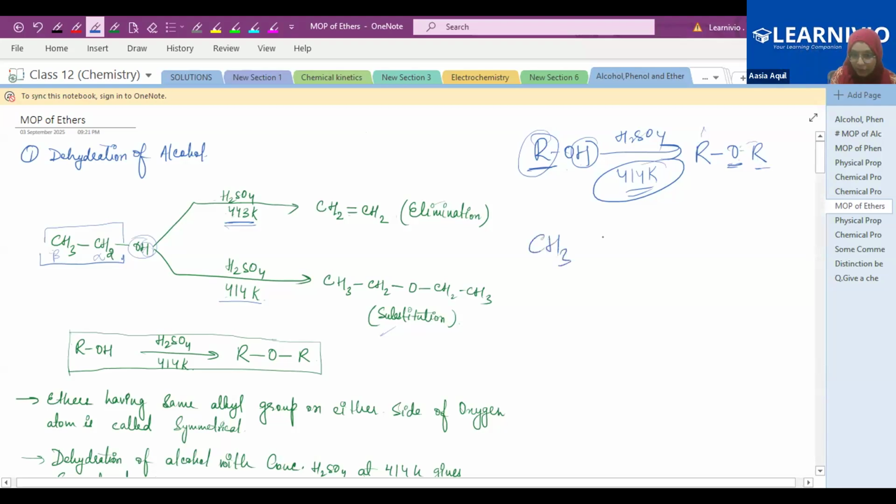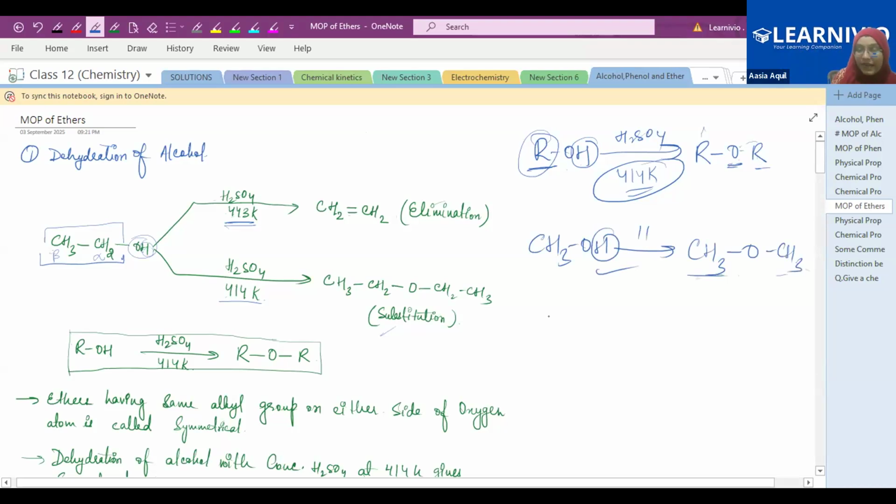Suppose this is CH3OH. When you use the same reagent, substitution happens and you will get CH3, this is the oxygen, and the hydrogen will be replaced by this group. So here again you attach the same alkyl.